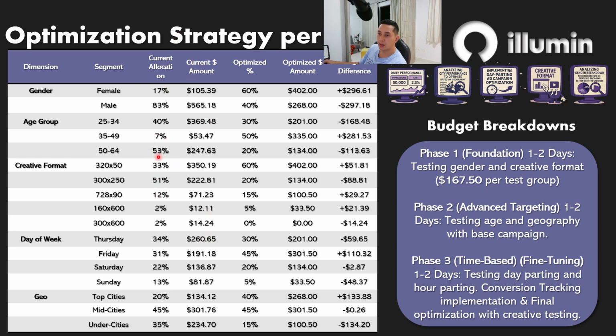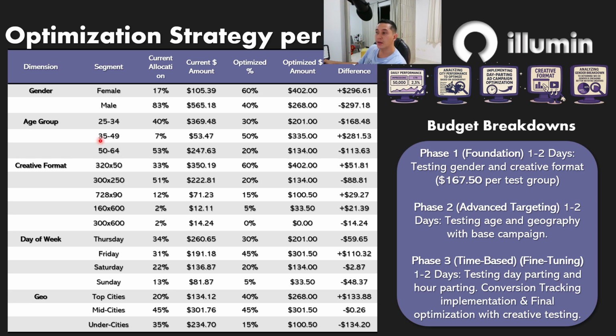And the allocation as a percentage. What I'm proposing as the optimized percentage of that allocation, and what I'm proposing as the optimized amount that we need to apply for each of these segments, right? And the difference as well, so you can check it out. So this basically shows exactly how I recommend redistributing the $670 campaign spend across each of these dimensions, right?